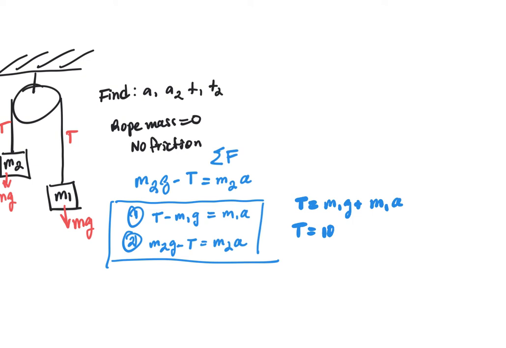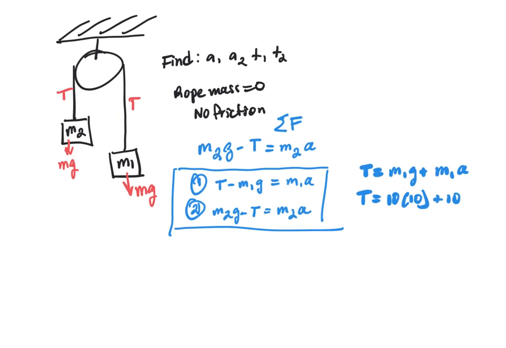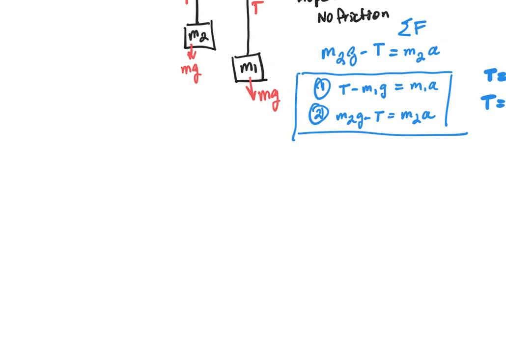Our gravity, let's say 10, plus 10 times our acceleration. So we're missing our acceleration. So let's look for our acceleration, because I forgot that we need our acceleration for tension.